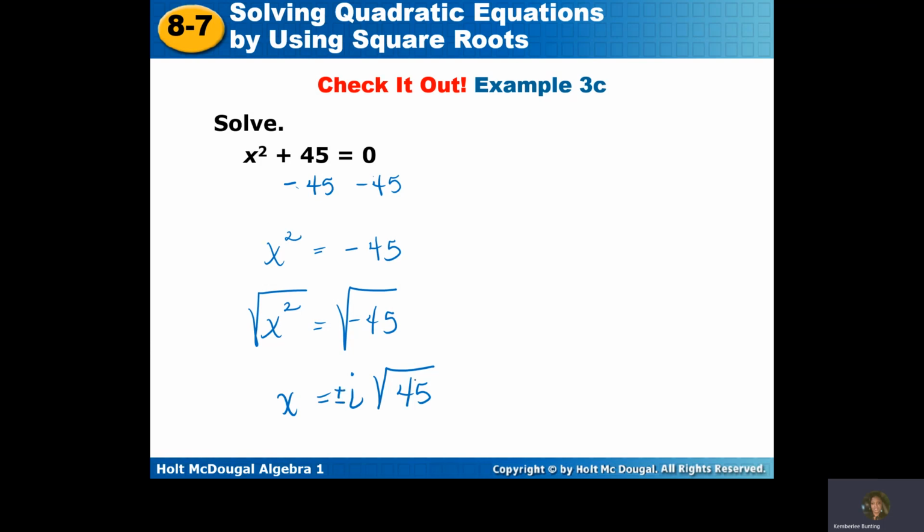My bad. Bless the teacher. So when you simplify the square root of 45, your final answer is going to be x equals positive or negative 3i root 5. Okay? Questions or concerns?